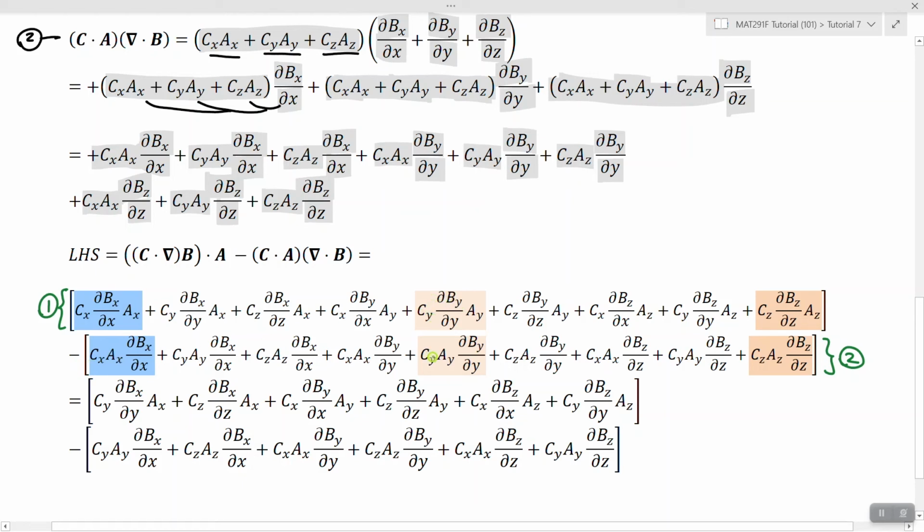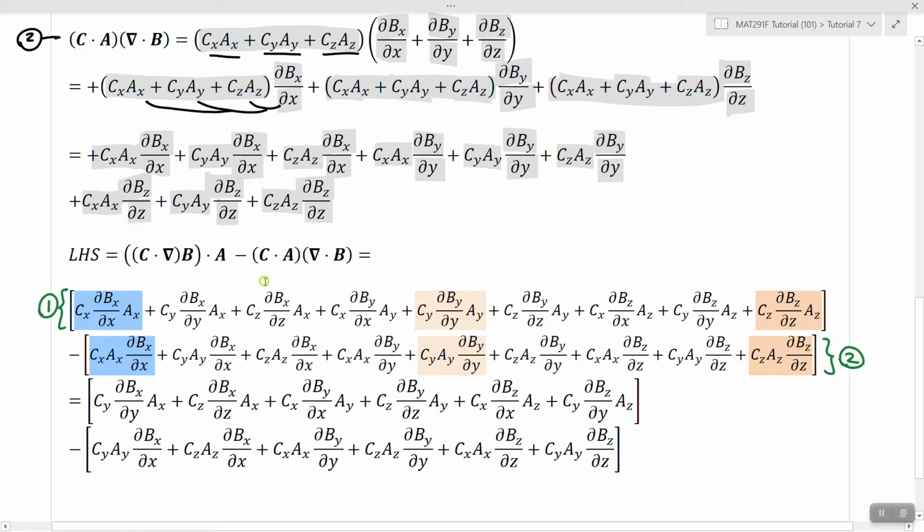There is cy ay partial y by, and then same thing for z, cz az, and then partial z bz. So these guys cancel and everything else stays as before. If you want, you can check that I copied everything correctly.